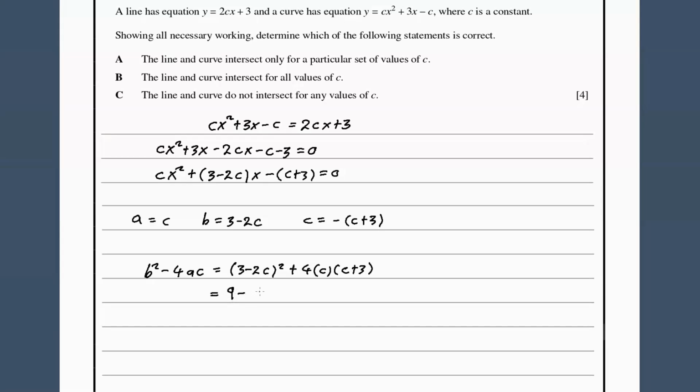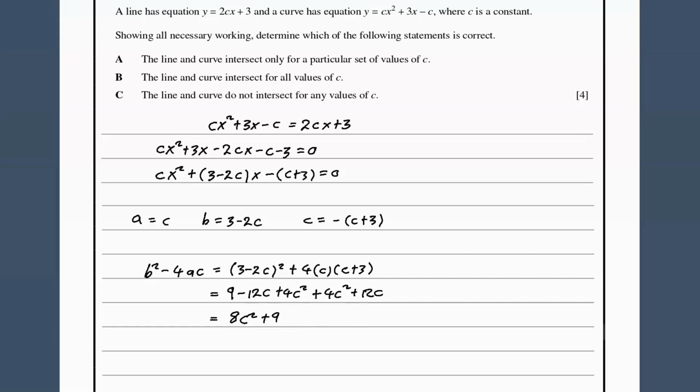That's 9 minus 12c plus 4c squared plus 4c squared plus 12c, expanding the brackets. Rearranging, 4c squared plus 4c squared is 8c squared, and minus 12c plus 12c is 0, then plus 9. So we have 8c squared plus 9. Okay. Now the discriminant is giving us this.